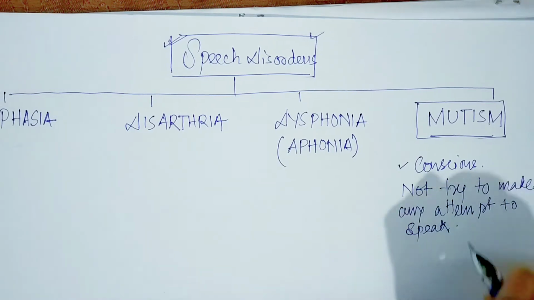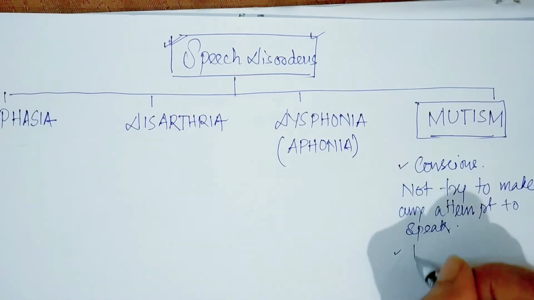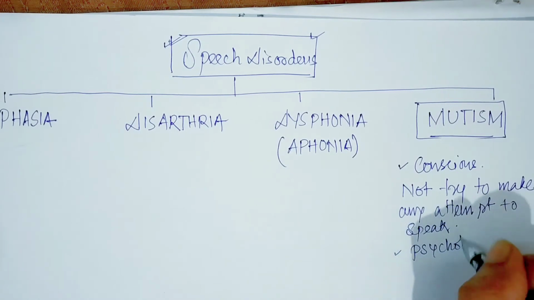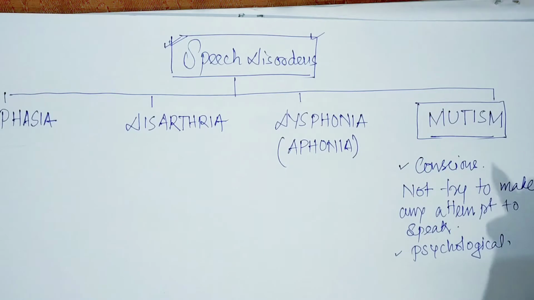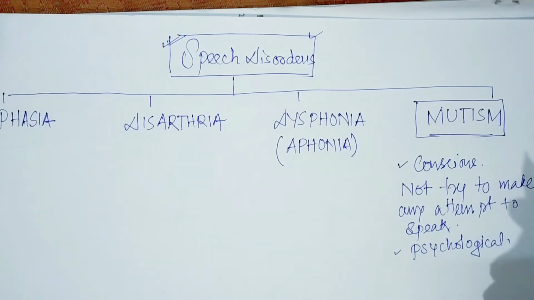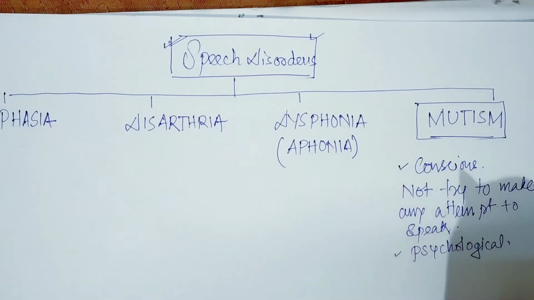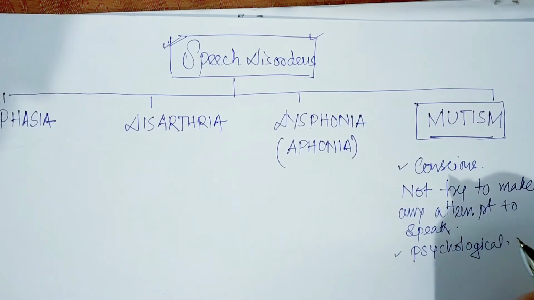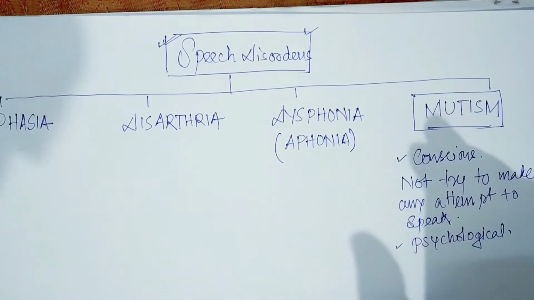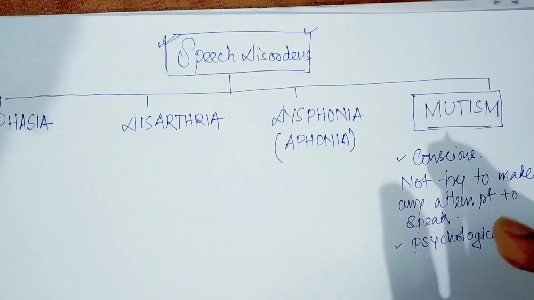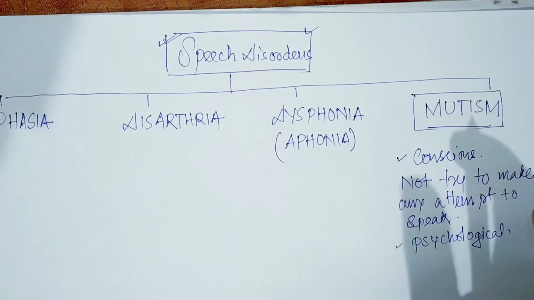It is usually a psychological disorder. Now, it may be seen in different lesions affecting the anterior part of the walls of the third ventricle and the posterior medial surface of the frontal lobe bilaterally. Total mutism is sometimes due to profound motor aphasia, which is also called Broca's aphasia.